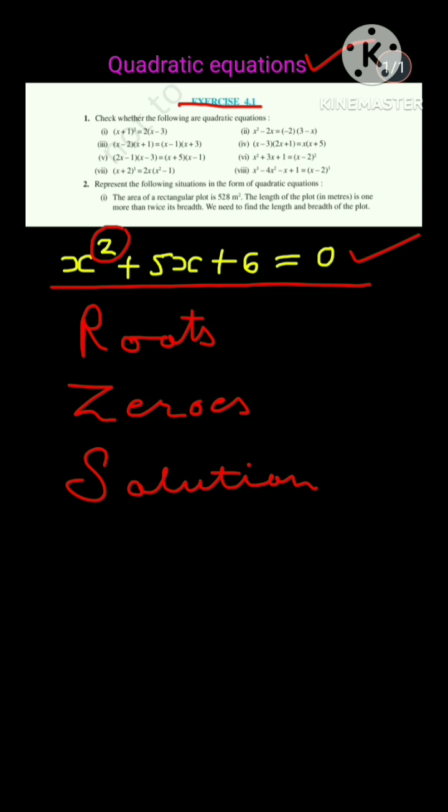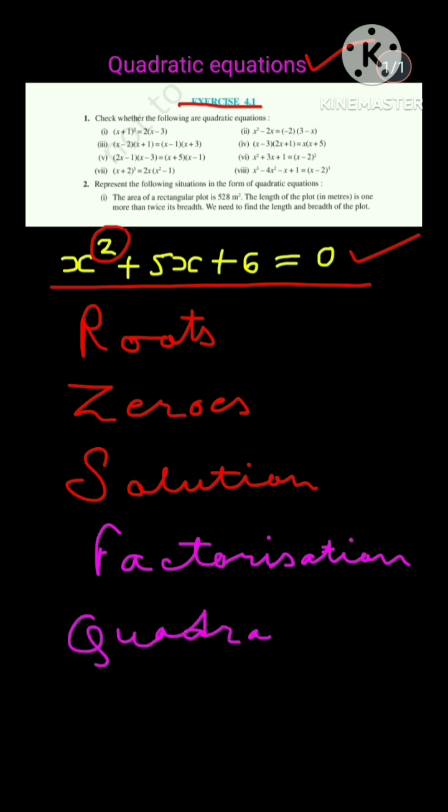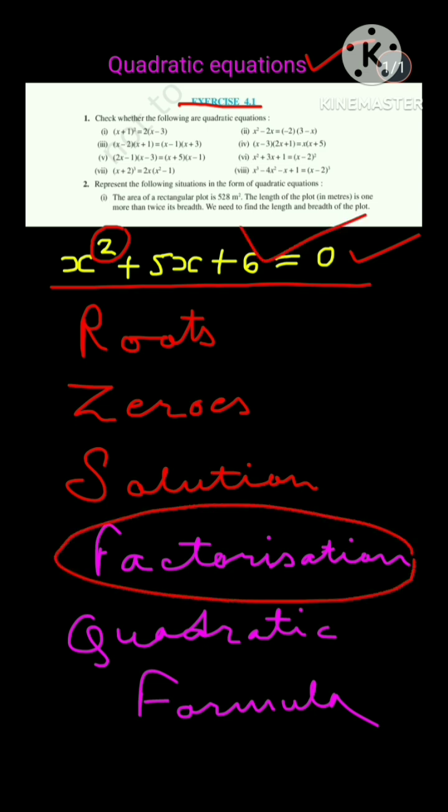And we can solve a quadratic equation by factorization method or by using the quadratic formula. So firstly, let's solve this equation by factorization method, right? So for that, let's proceed to another page.